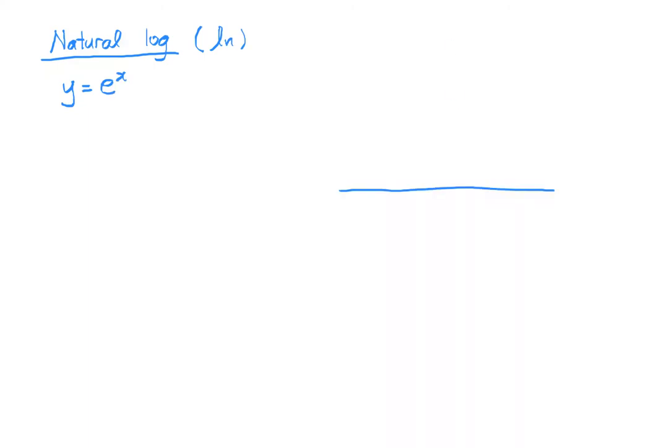Okay, so we are going to talk about another function. We call it natural log, that is ln. First, y equal to e to the power x. This is exponential. Let me explain first before we get into that.